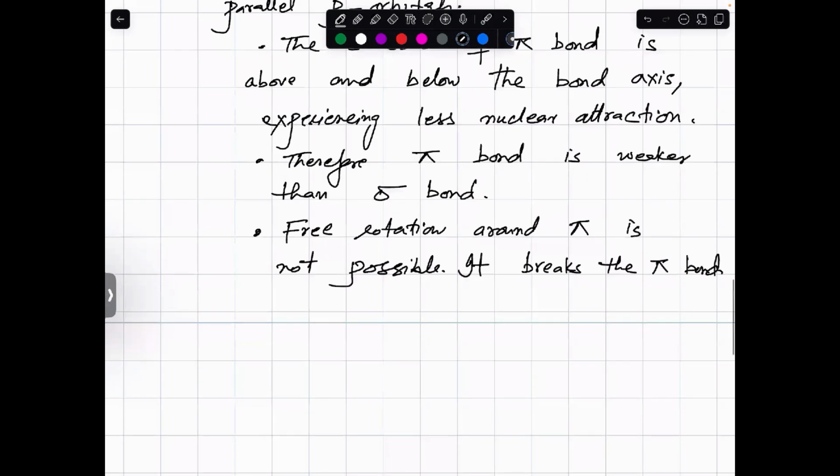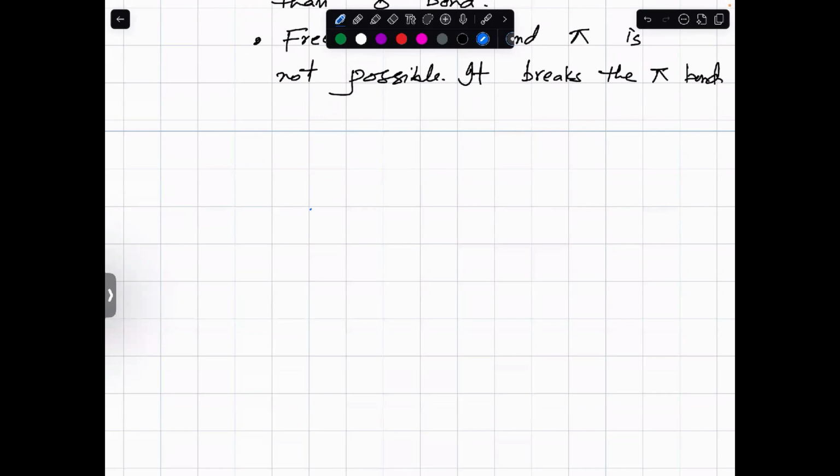Now, look. This is one p orbital, the nucleus. This is another p orbital. They are so close. They are brought closer by sigma bond. Keep in mind, single bond is always sigma. Double is sigma and pi.